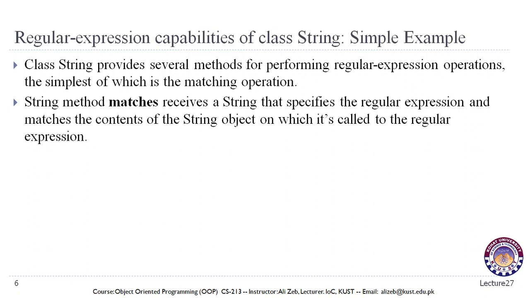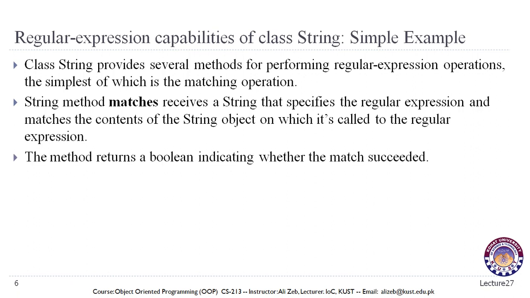The String class has a matches method that can be used to match a certain expression with a string, or with an object of the string, if we want to, for example, validate that string according to a regular expression. The method returns a boolean indicating whether the match succeeded.